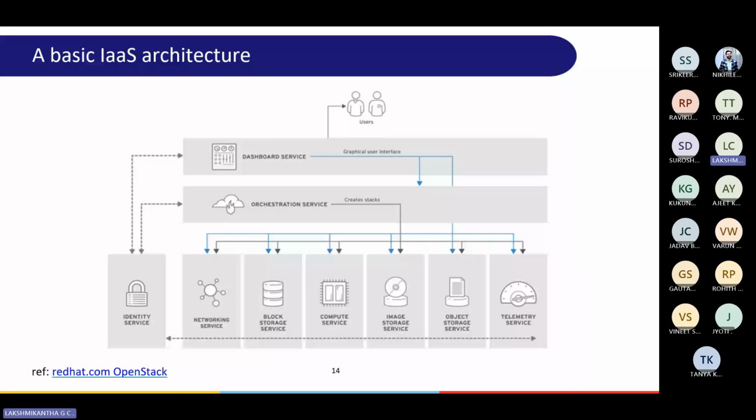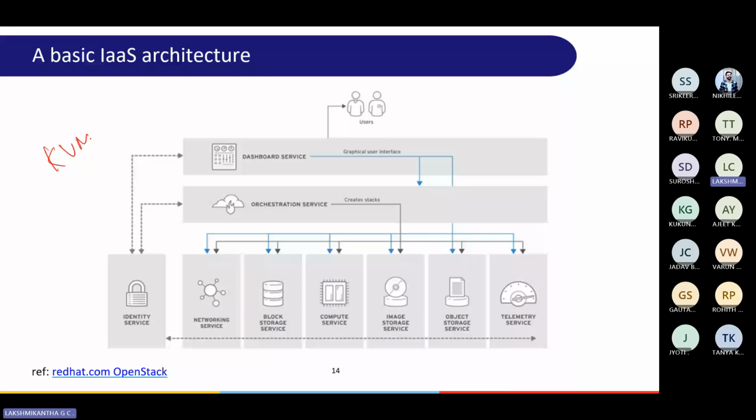an infrastructure as a service cloud is a collection of servers, network switches, and storage arrays managed by a hypervisor. Usually for hypervisors, we use KVM or Xen systems, that enable the provisioning of virtual machines on demand.